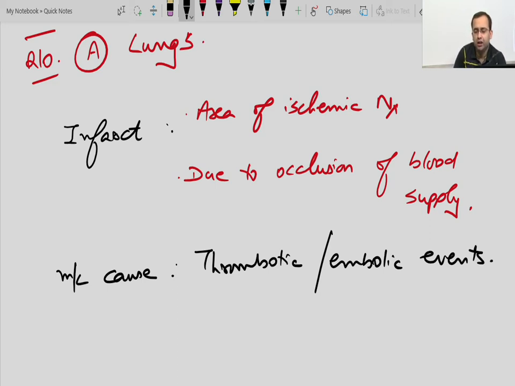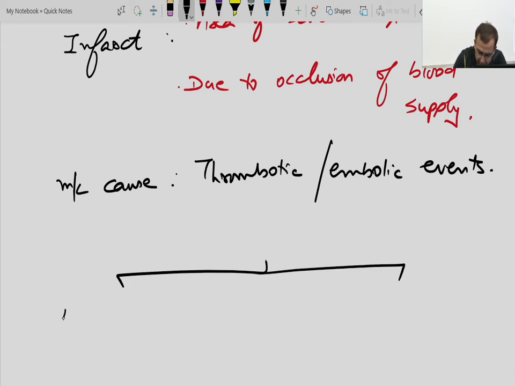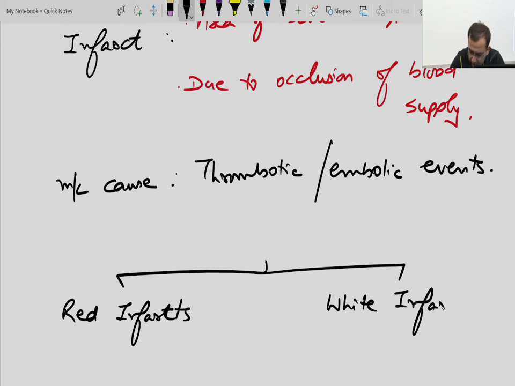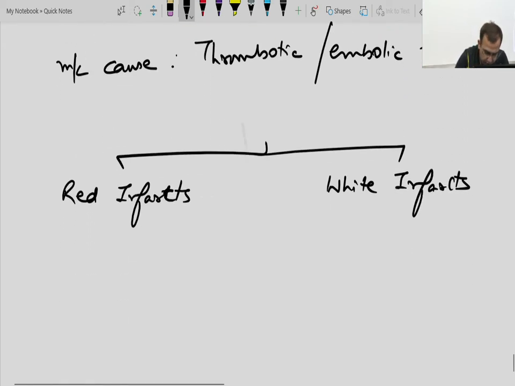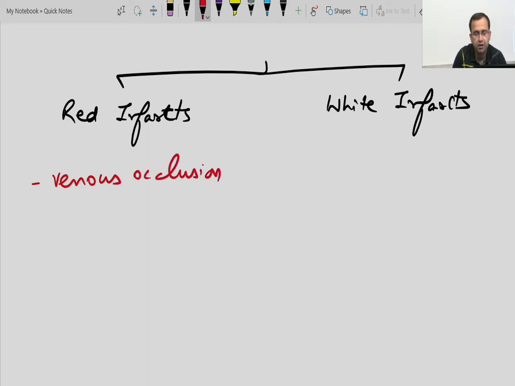Next point, I can divide infarctions into two types, red infarcts and white infarcts. This classification is important and has been repeatedly asked. First, red infarcts occur because of venous occlusion, for example ovarian torsion.